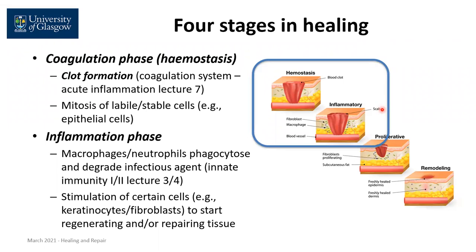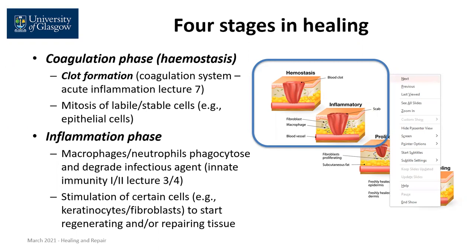And then finally, you also have other cells that play an important role in this phase, things like your fibroblasts, which will start to regenerate and repair the tissue, basically producing collagen, which is found in the extracellular matrix underlying the tissue. But we'll talk about that in the next phase in a bit more detail.